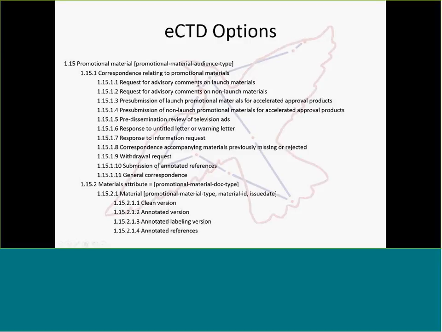So the structure of your promotional materials. This is from the new Module 1 guidance. And you see promotional materials goes into section 1.15, so section 15 of Module 1. Inside these brackets is metadata. In the promotional material audience type, there are two types.